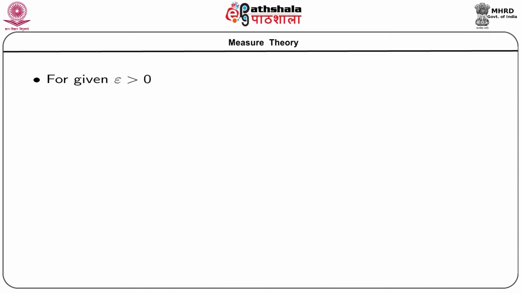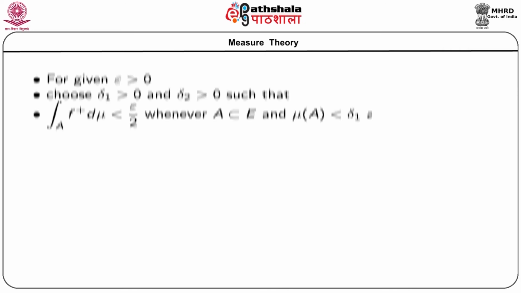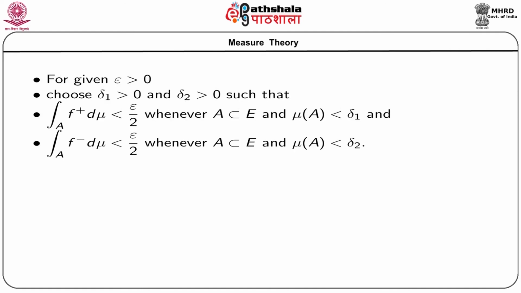In other words, for a given epsilon greater than 0, we can choose for the function f plus, say, delta 1 greater than 0, and for the function f minus, say, delta 2 greater than 0, such that the integral over A of f plus d mu is less than epsilon by 2 whenever A is a measurable subset of E with measure less than delta 1, and the integral over A of f minus d mu is less than epsilon by 2 whenever we take a measurable subset A of E with measure less than delta 2.